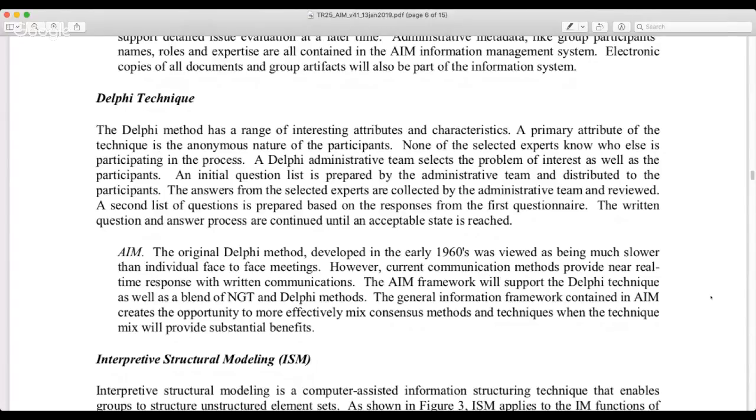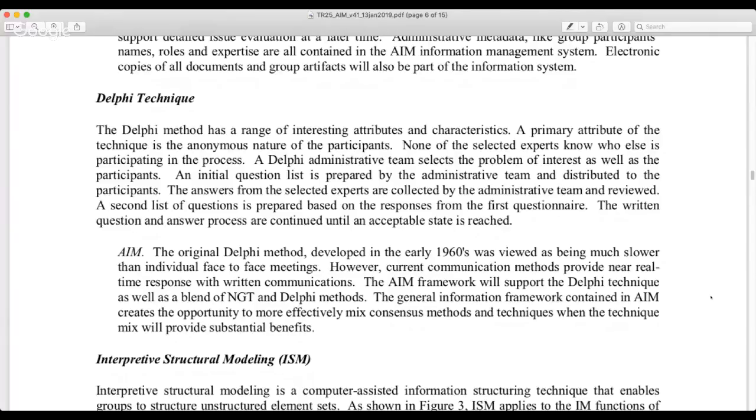So this is very interesting, and as I was thinking about this, there might be a variation where you take the Delphi administrative team function and have that as part of the workshop team's function, where they would have not only local people that knew each other and were talking to each other, but also input from these anonymous experts.